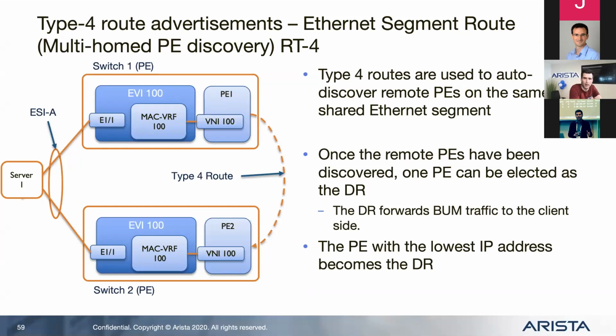So once these route types have been received, this allows them to elect a DR, a designated router, which ends up being the lowest IP address. And then the lowest IP VTEP or tunnel endpoint is the designated router that is the only one allowed to forward broadcast, unknown unicast, and multicast traffic onto that particular segment.